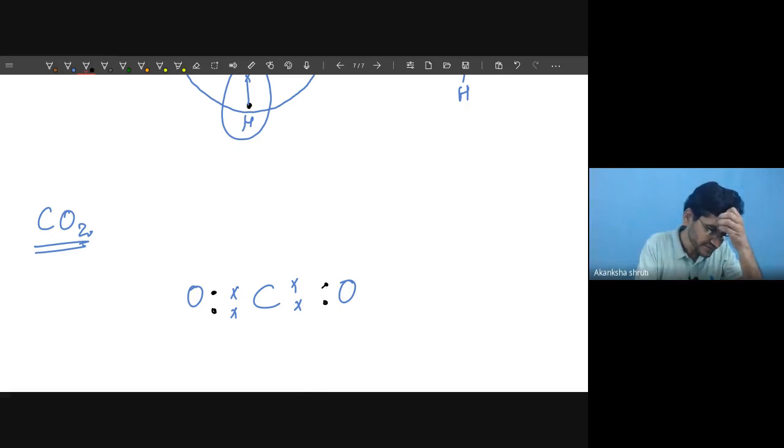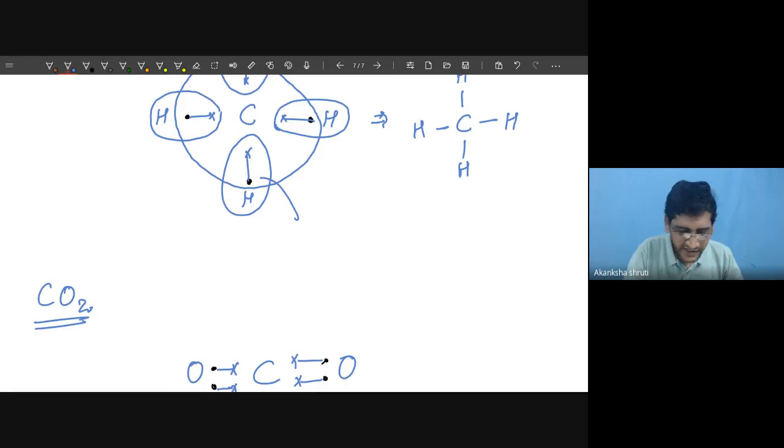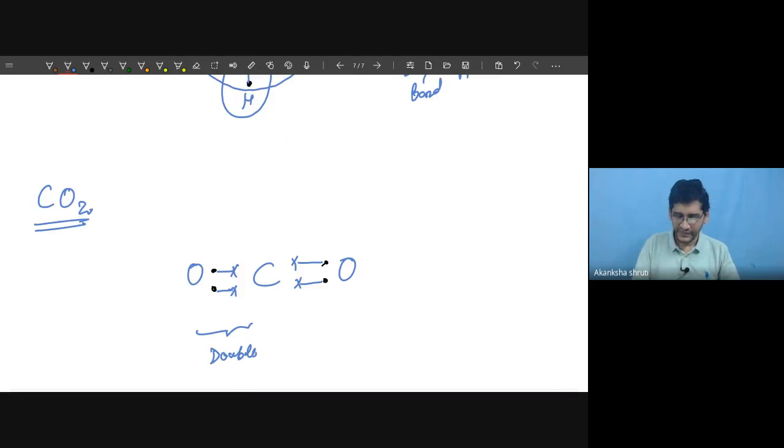Therefore, the bonds formed are like this, two lines or two bonds with the carbon. When there are two bonds, it is called a double bond. If only one is there, it is called a single bond. In CH4, it is a single bond. So a double bond is formed.